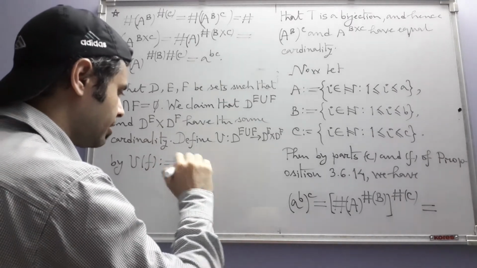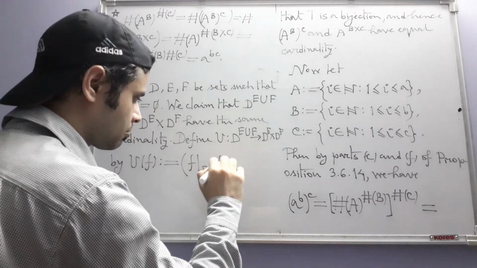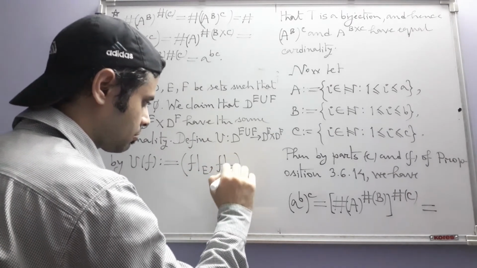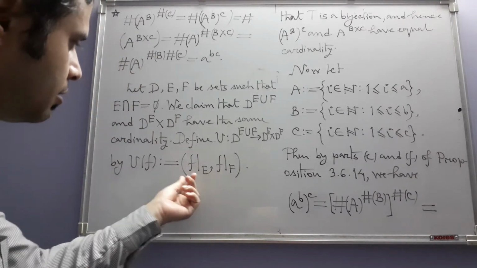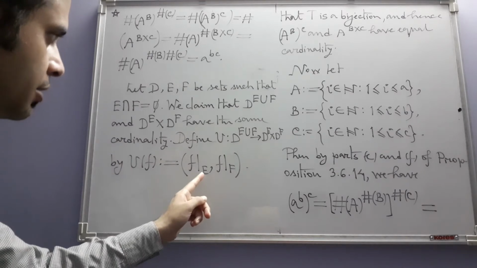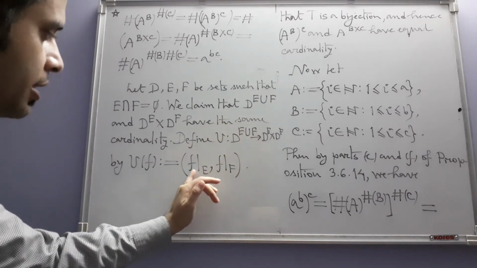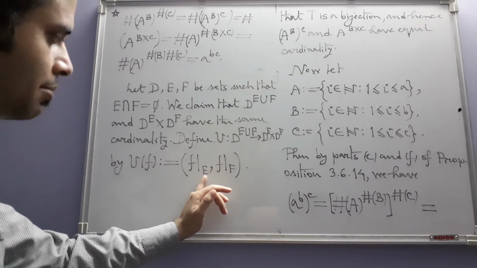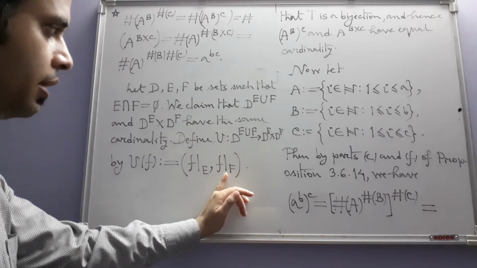What if I write like this, where the first coordinate is the restriction of this function. Since it's a function defined on E union f, we can restrict the function to the subset E. Also, we can restrict the function to the subset f.